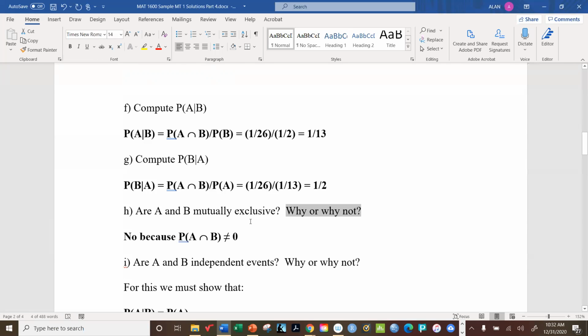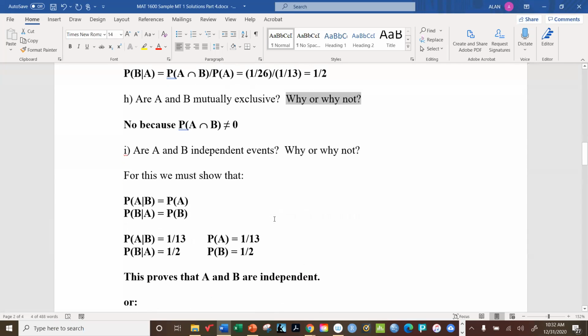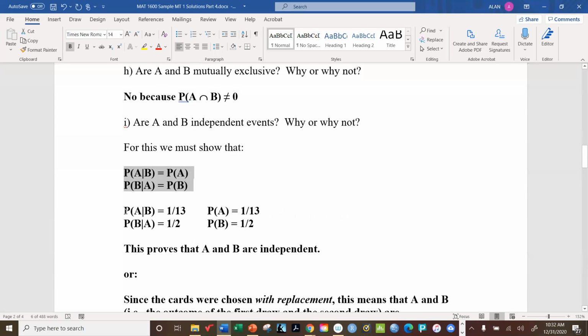All right, independence. Now here we've got two approaches we could take. We could take the traditional approach and show that both of these conditions are true. And remember, we have already calculated all of these probabilities. So when you compare them side by side, you can see that the first condition is true and the second condition is true, which means that A and B are independent.